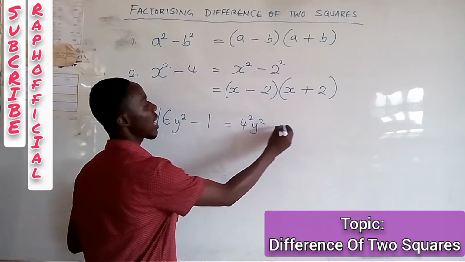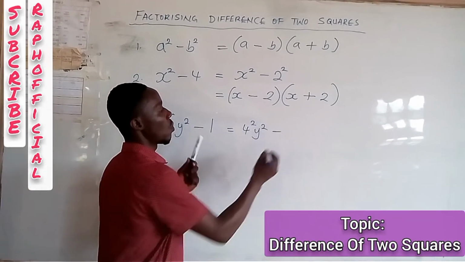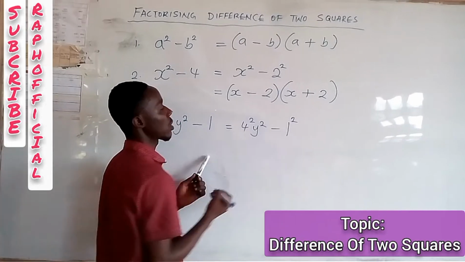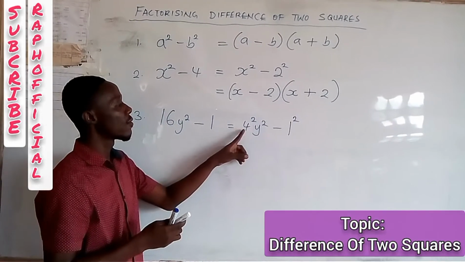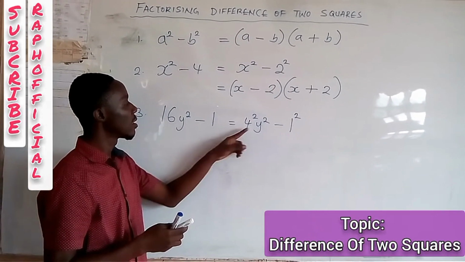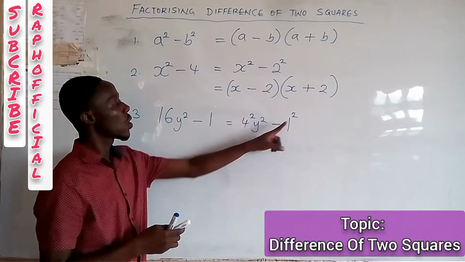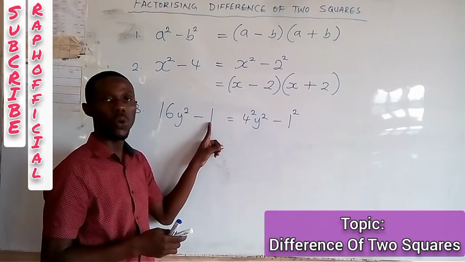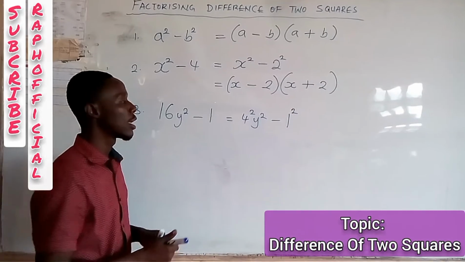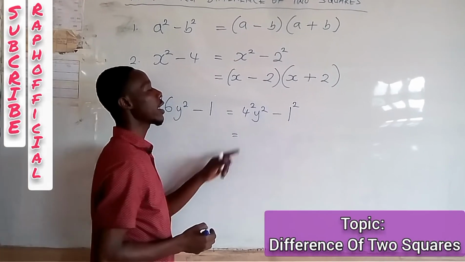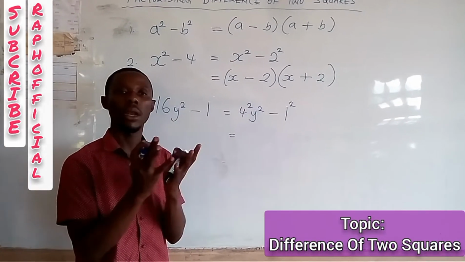I can write this one as 1 squared. So check it. 4 squared is 16. Y squared, y squared. 1 squared is equal to what? 1. Then what again? I can write this one to become 1.